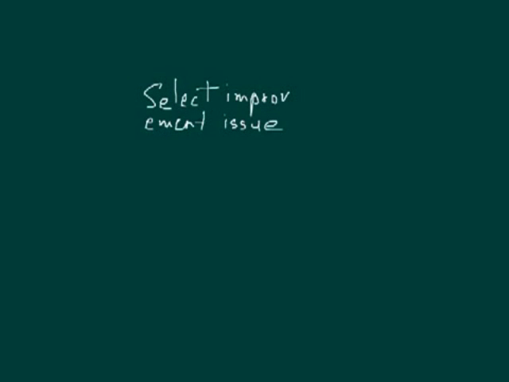Once you select the conditions that need improvement, what you do is you try to study and do observations on the current processes or procedures.